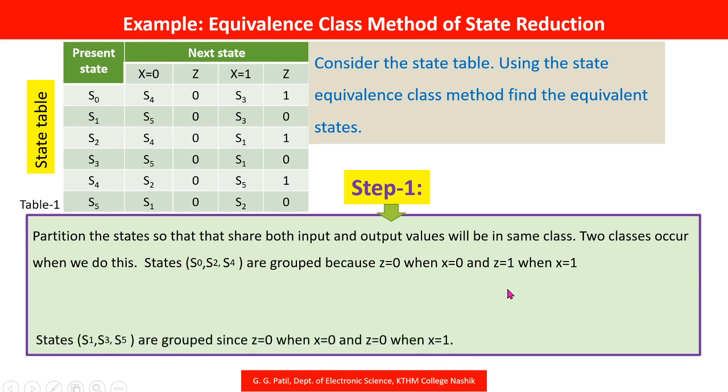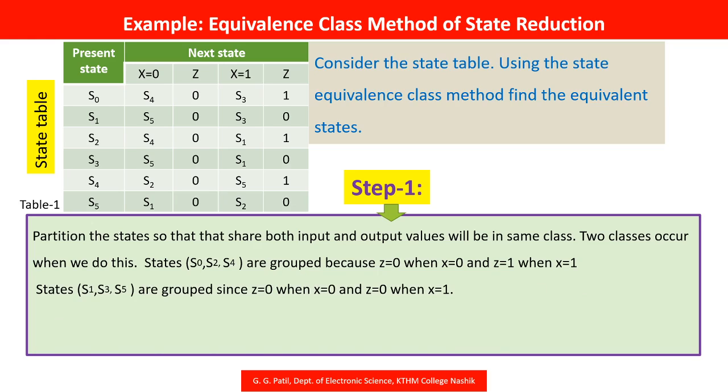The next group is states S1, S3, S5. Since z equals 0, they are grouped. Since z equals 0 when x equals 0, for S1, S3 and S5, see the output column under x equals 0, the outputs are 0, and z equals 0 again, 0, 0, 0 when x equals 1. Under both x equals 0 and x equals 1, these states have the same outputs, so they are grouped together.